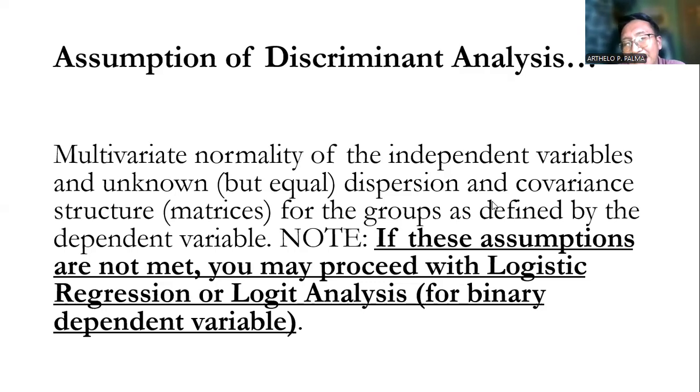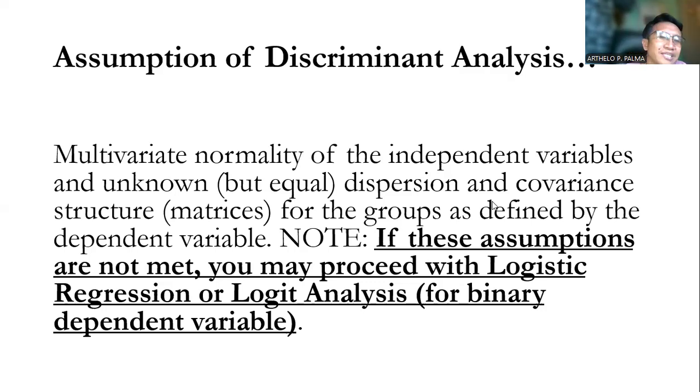Unlike logistic regression, discriminant analysis could use 0 or 1 or more, like low, medium, large, for example 1, 2, 3, or 0, 1, 2. So more than that. That's the beauty of discriminant analysis.